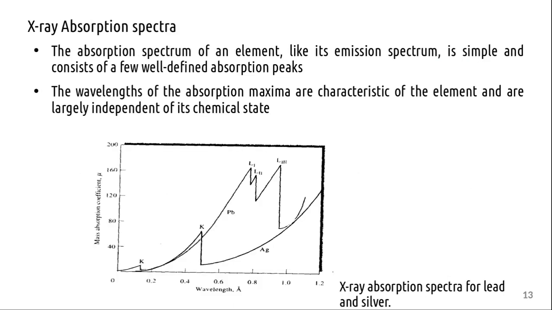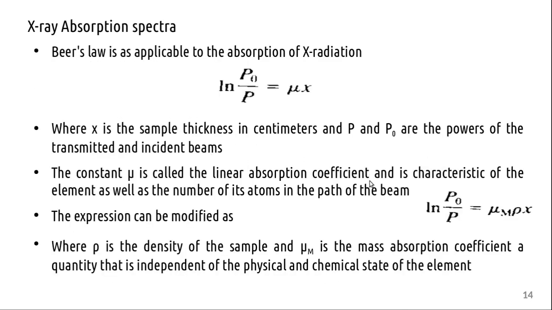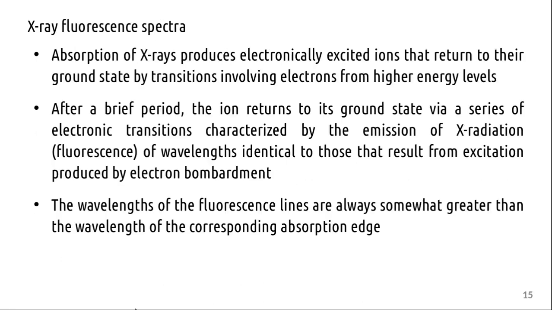There will be a very characteristic peak, as shown in these jagged, sawtooth-like edges. For each element it will be a characteristic peak. There is an absorption peak for lead and silver. It's based on Beer-Lambert's law, Beer's law. You have the powers of the incident as well as transmitted beams, and you have an absorption coefficient. So this is X-ray absorption spectroscopy.